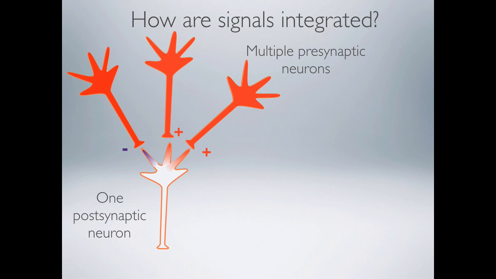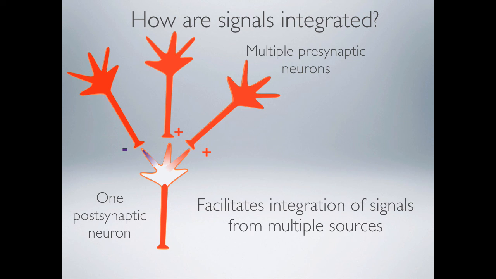In this particular case, the excitatory cells win, and so we have a decision made that these are more influential neurons than the inhibitory one. So we have the facilitation of the integration of signals from multiple sources.